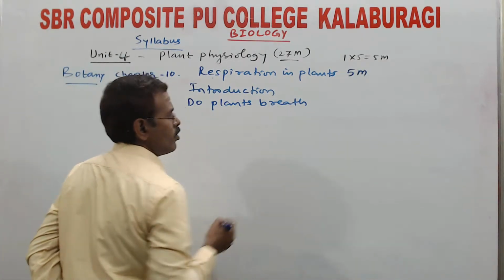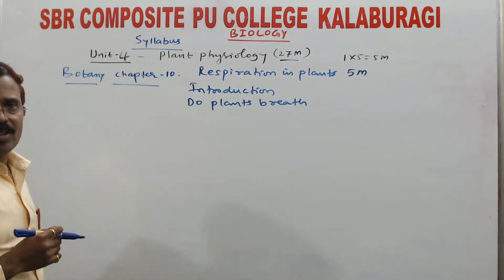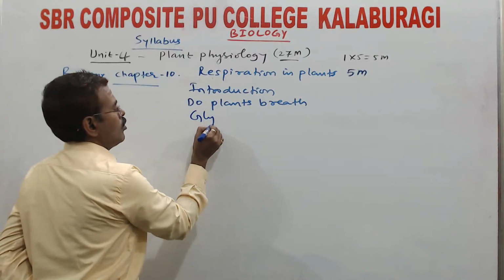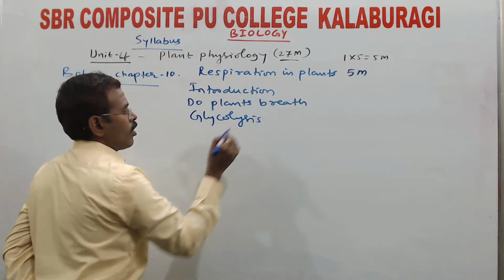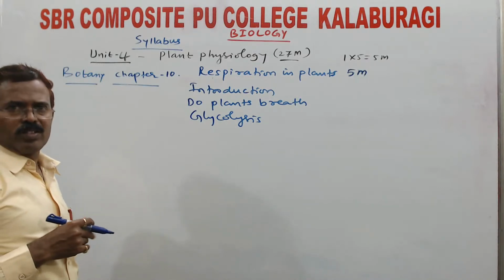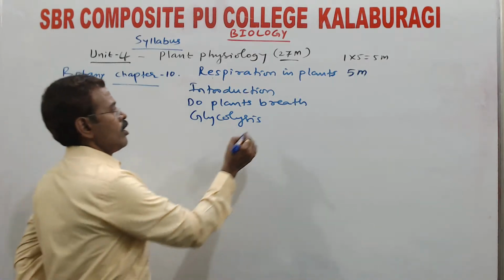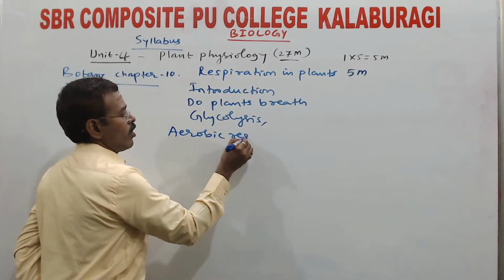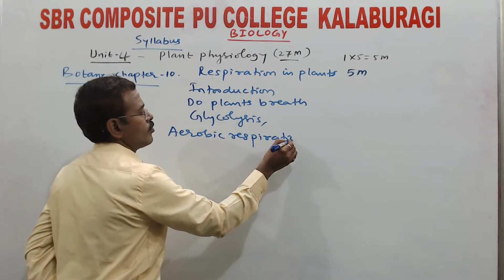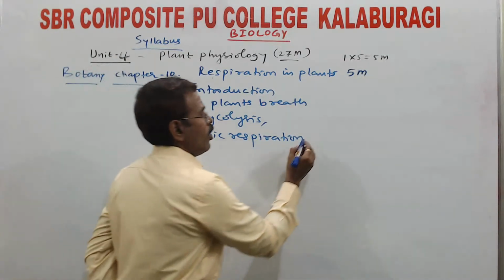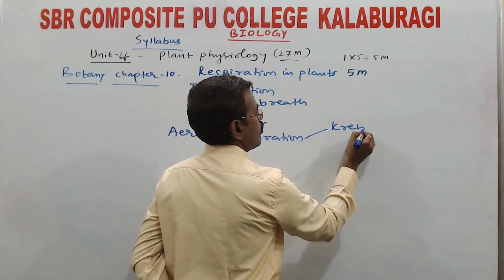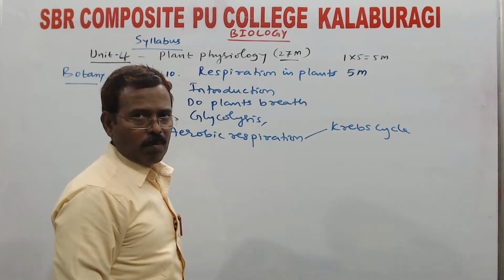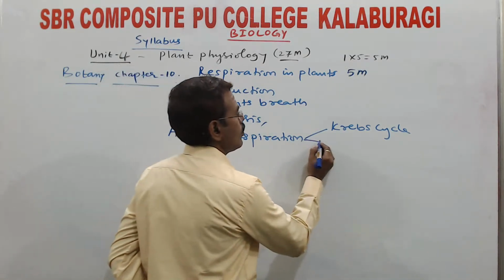Do plants breathe? Then we learn about glycolysis, one of the steps in respiration, common to both aerobic and anaerobic. Then we learn about aerobic respiration. Steps mainly here. Krebs cycle or citric acid cycle or tricarboxylic acid cycle, whatever you call.